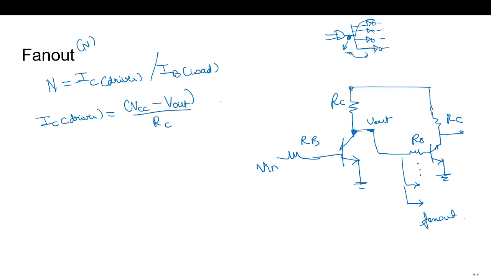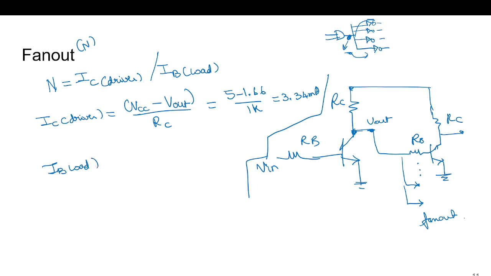So we previously know that if I consider, say, VCC as 1.66 and RC as 1 kilo ohm, then this will be 3.4 kilo. Then my IB load is Vout minus VBE by RB.